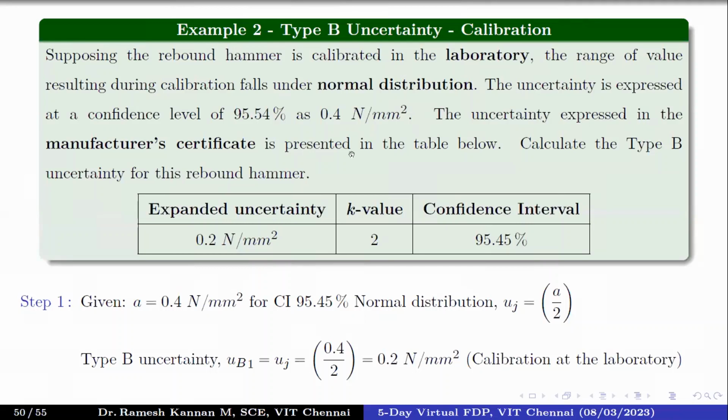So the uncertainty from the manufacturer certificates, we somehow got it, and it has got different things. Like this is what you get from a calibrated one. When you buy it from a good company, they'll give you a certificate called calibration certificate, from which you'll get this uncertainty and K values and confidence interval. So this is two-part. One is we are calibrating at the laboratory, and the manufacturer's calibration, and all those things can lead to uncertainty.